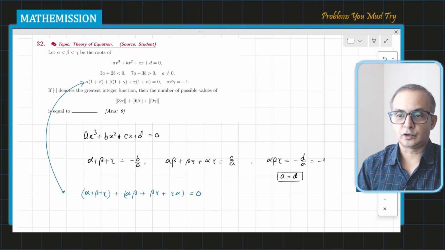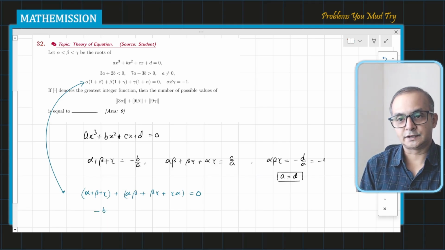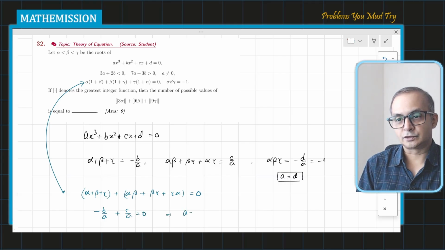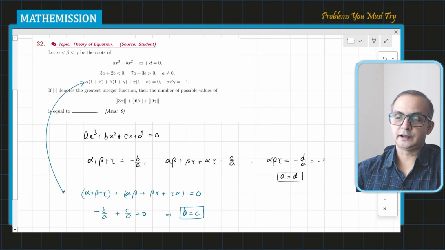And these two we have already evaluated as negative b by a and plus c by a, and that will give you, not a is equal to, b is equal to c. So what we got is a is equal to d and b is equal to c.